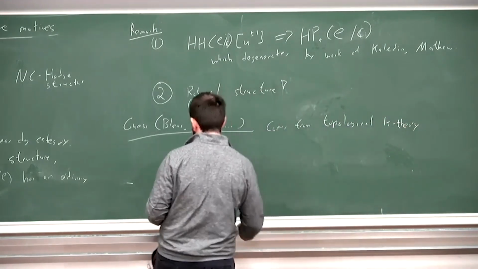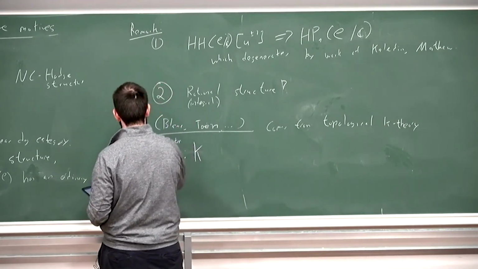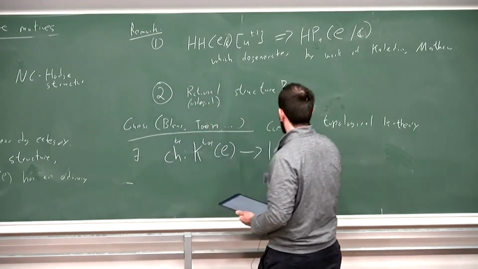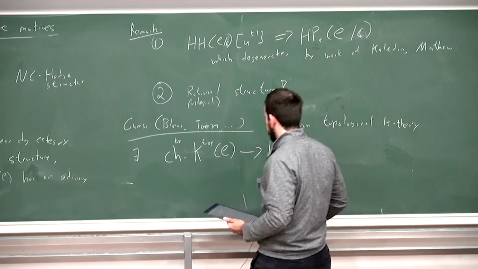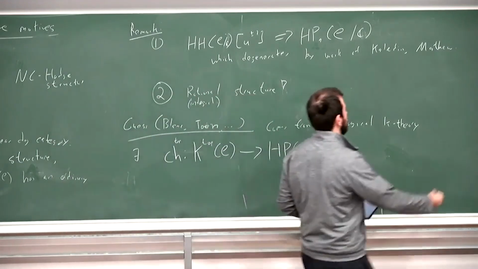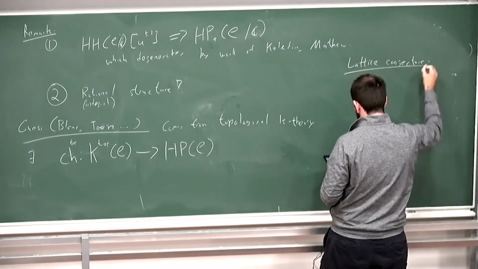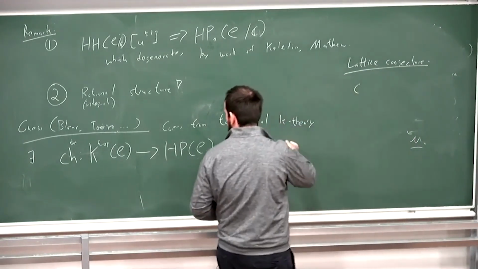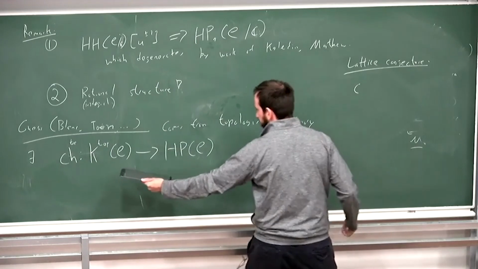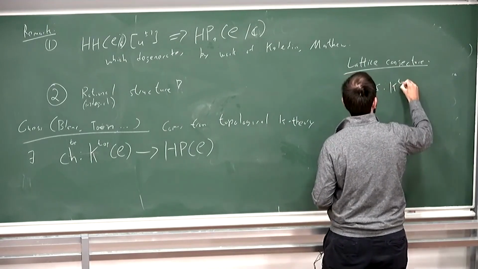In fact, there's a Chern map from topological K theory of C to periodic cyclic homology, and the lattice conjecture states, I'll just write it here, that when you tensor K top with C, the induced map from the C linearization of K top is an equivalence.